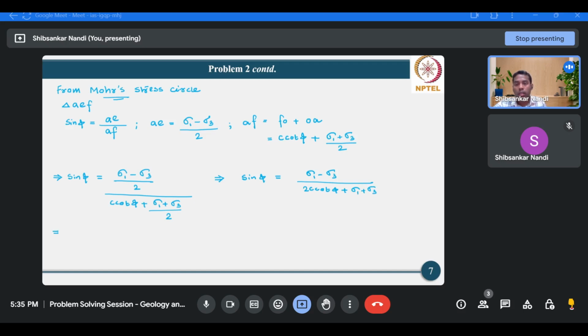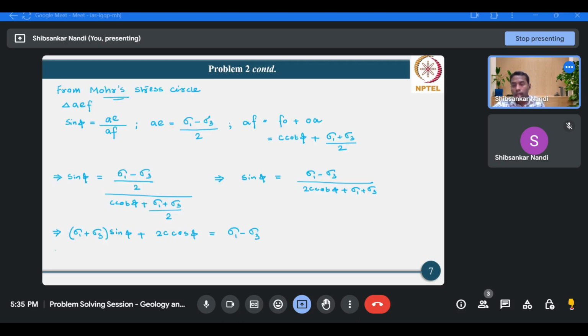So sigma 1 plus sigma 3 times sin phi plus 2C cos phi equals sigma 1 minus sigma 3.